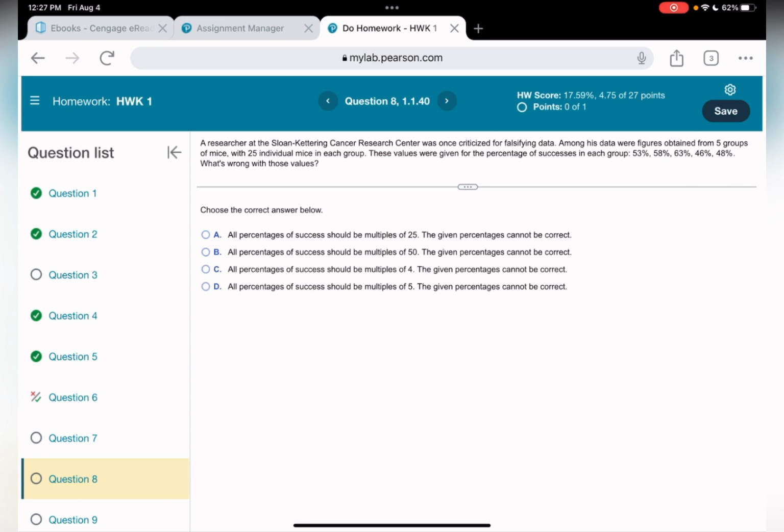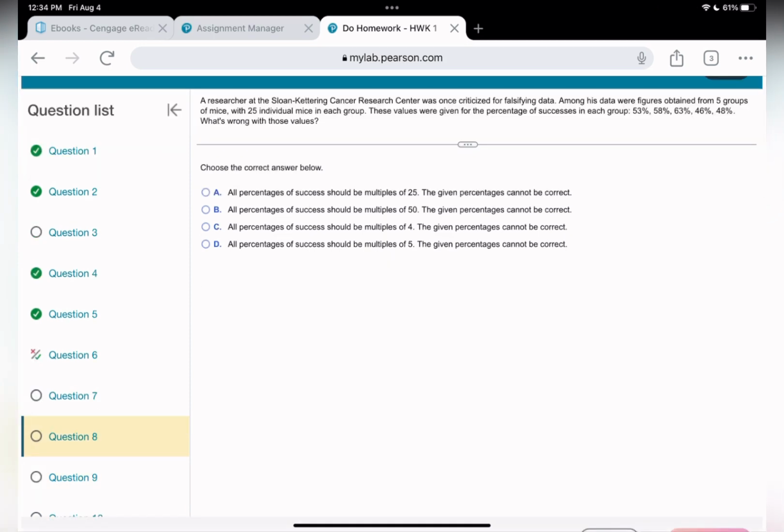Research at the Sloan Kettering Cancer Research Center was once criticized for falsifying data. Among his data were figures obtained from 5 groups of mice, with 25 individual mice in each group. These values were given for the percentage of successes in each group: 53, 58, 63, and so on. What is wrong with those values?